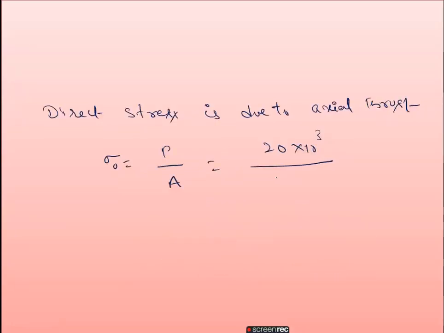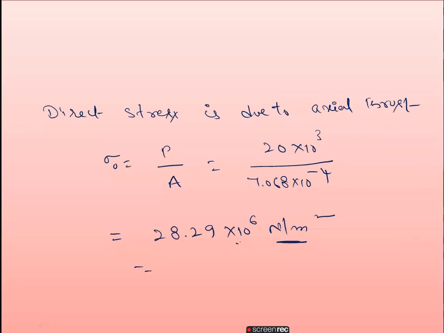Once you calculate this, you will get the answer. If I convert into mega Newton per meter square, dividing 28.29 by 10 power 6, you will get it in mega Newton per meter square. This is the direct stress due to the axial thrust.